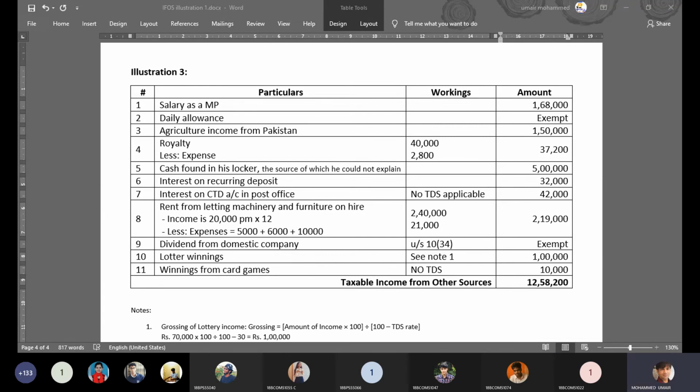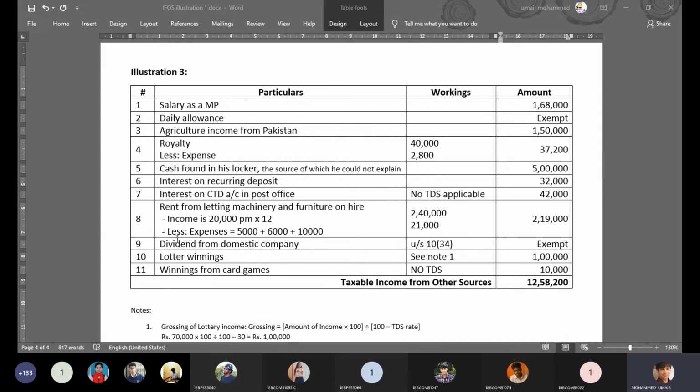Somewhere in your notebook, just make a change here, that for your batch, it is 40,000. And in case of senior citizens, this amount changes to 50,000. Senior citizens get a little more benefit. Add this in your notebook, or if you have taken a printout of this handout, just make a change there.